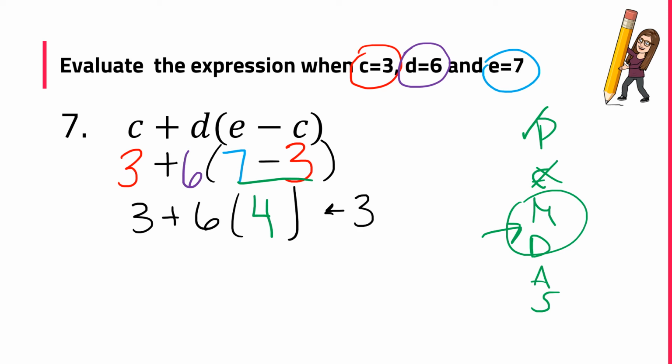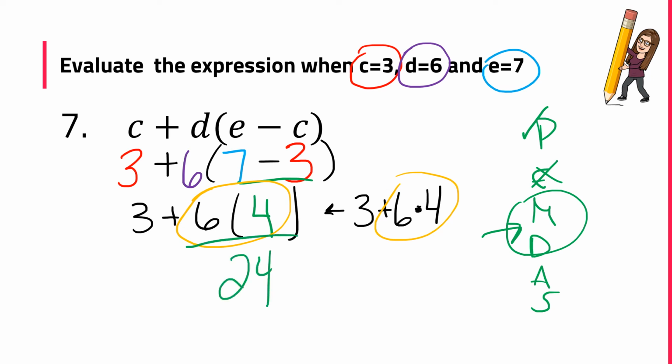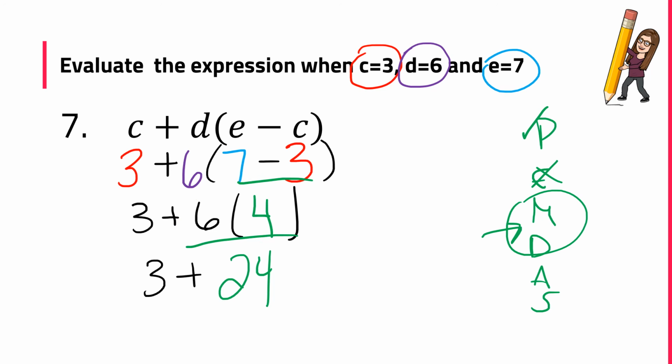You could rewrite this as 3 plus 6 dot 4. See how that means the same thing? That means I have multiplying. So let's take care of that. 6 times 4 is 24. And the 3 plus falls down. Okay, let me erase this as to not confuse you. Last step, well, there's only one piece of adding left, which gets us to 27.